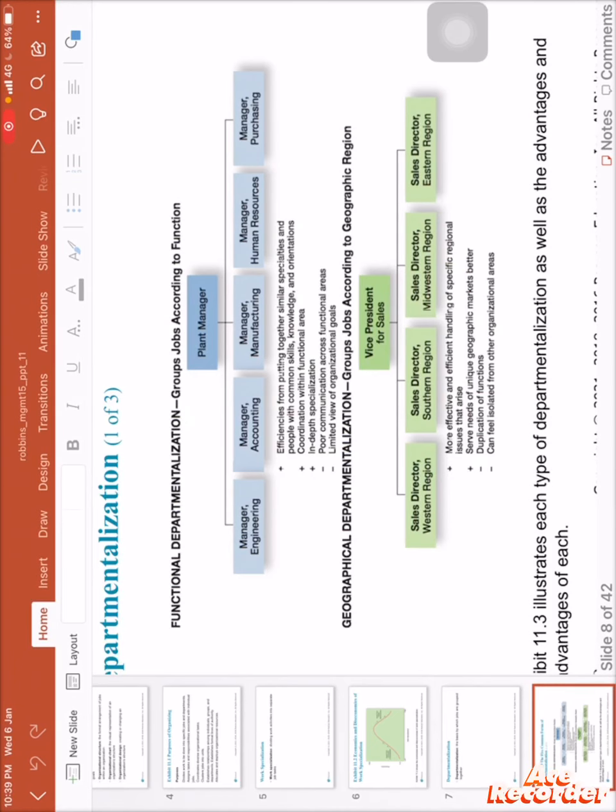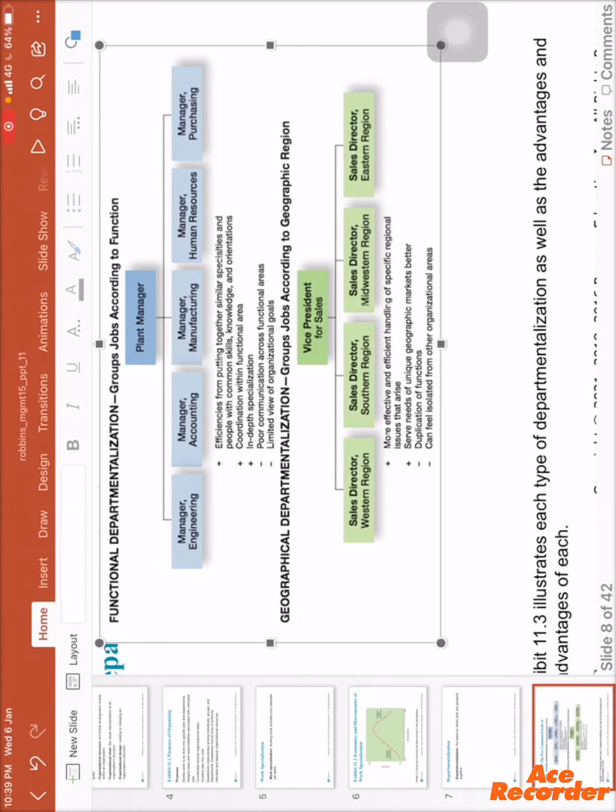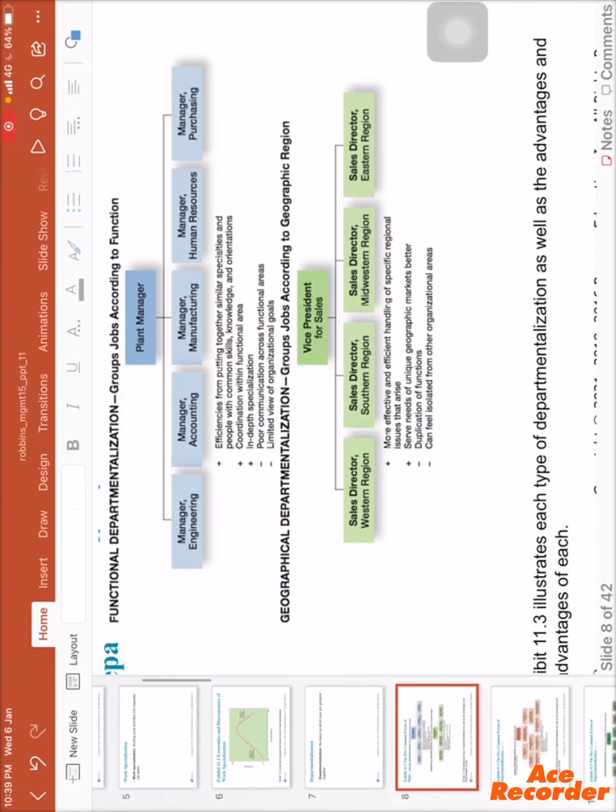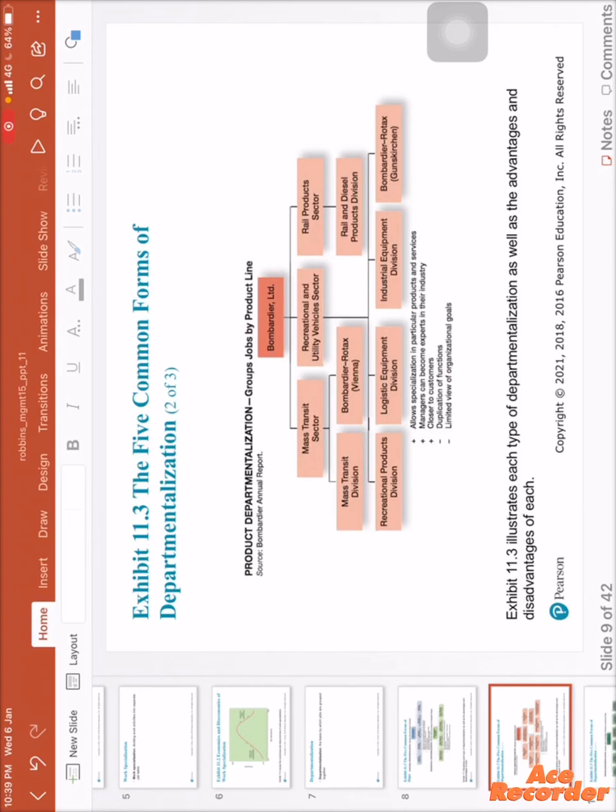Okay, yang seterusnya adalah product departmentalization. So this structure based on group jobs based on product line. Mungkin let's say kat sini contohnya Bombardier Limited company.